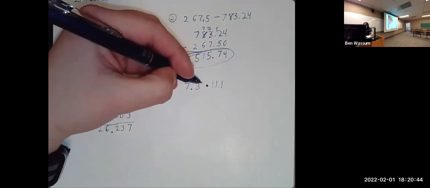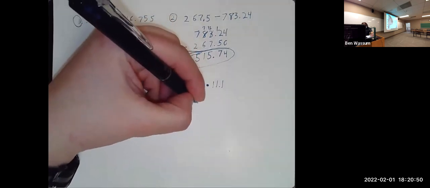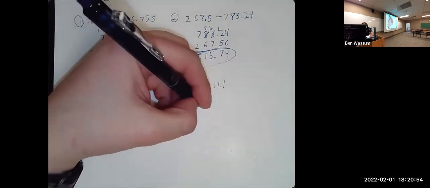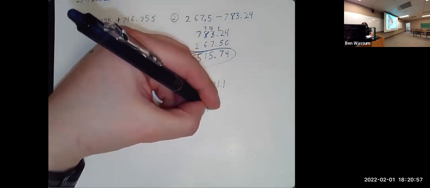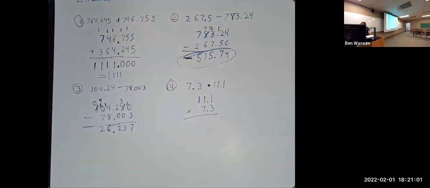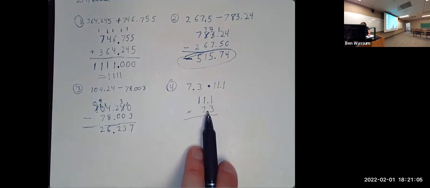It would be easier for me, I'd have less work to do if the 7.3 was on the bottom. So that's the way I'm going to do it. I'm going to do 11.1 times 7.3. That way, I only have to have 2 rows instead of 3. If this one was on the bottom, I would have to do 3.